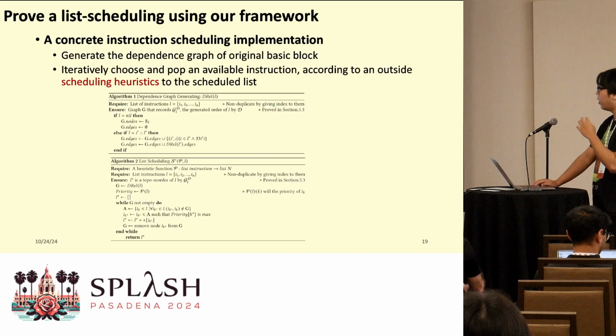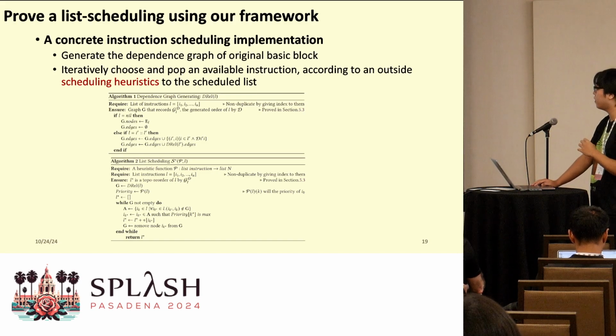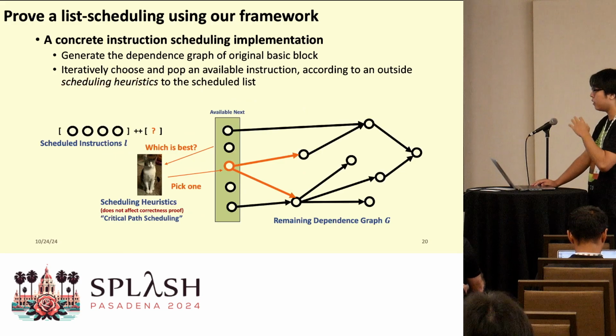And we also did the proof on a concrete list scheduling algorithm using this framework. The list scheduling algorithm is very simple. You give it a basic block, and we build a dependency graph based on it. Then we iteratively pop the independent nodes from the dependency graph and append them to the end of the already scheduled instructions.